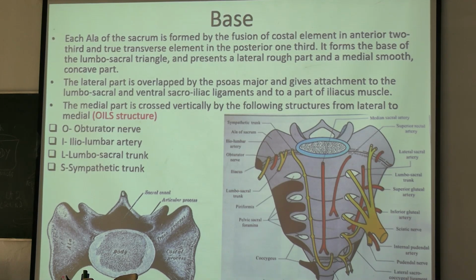Okay, understood? This is very, very important. It is very frequently asked in your OSPE, viva, also in theory and MCQ also. The mnemonic is OILS: from lateral to medial, O is obturator nerve, I is iliolumbar artery, L is lumbosacral trunk, S is sympathetic trunk. Okay, understood?